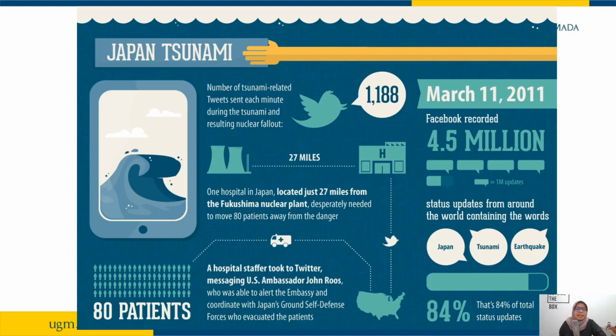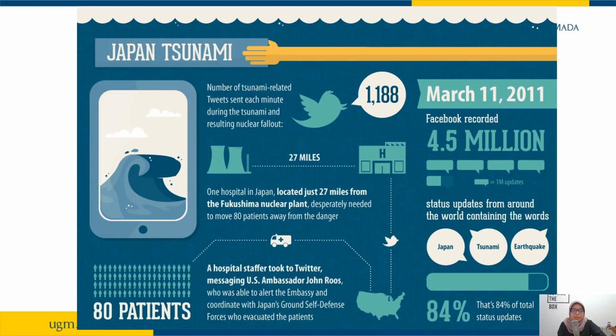Another case is from the Japan tsunami. There were more than 1,000 tsunami-related tweets sent each minute during the tsunami and resulting nuclear fallout. And there is a case here. There's one hospital in Japan located just 27 miles from the Fukushima nuclear plant, which desperately needed to move 80 patients away from the danger.